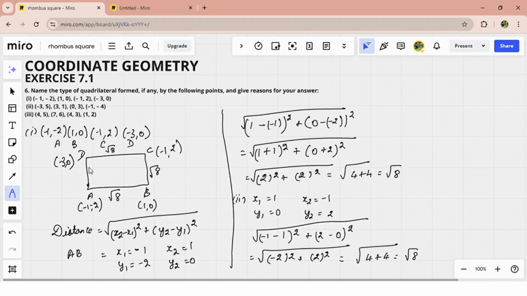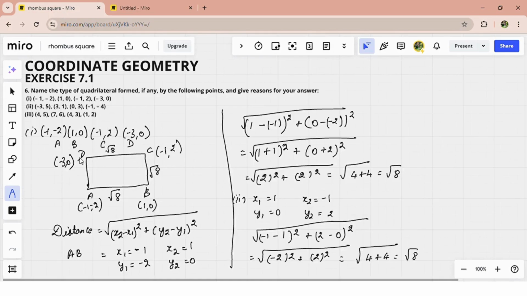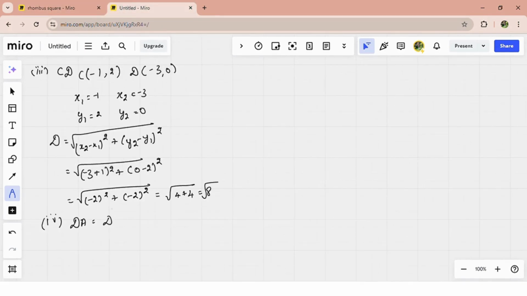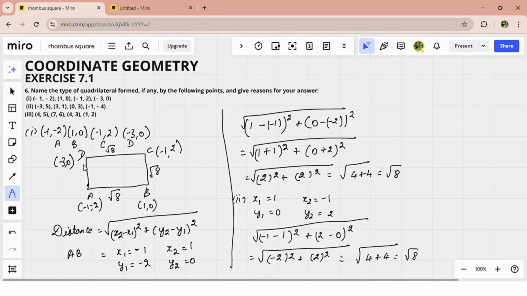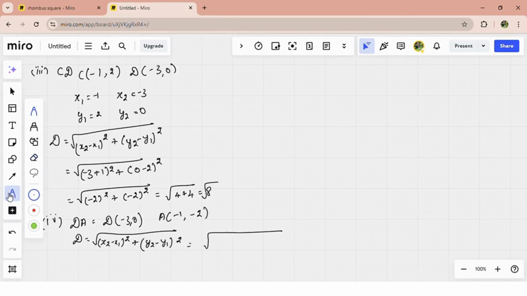Now DA, the fourth sum. What is D? D is (-3, 0). And what is A? A is (-1, -2). Here also I am applying the distance formula. So here x1 equals -3, y1 equals 0, x2 equals -1, y2 equals -2.